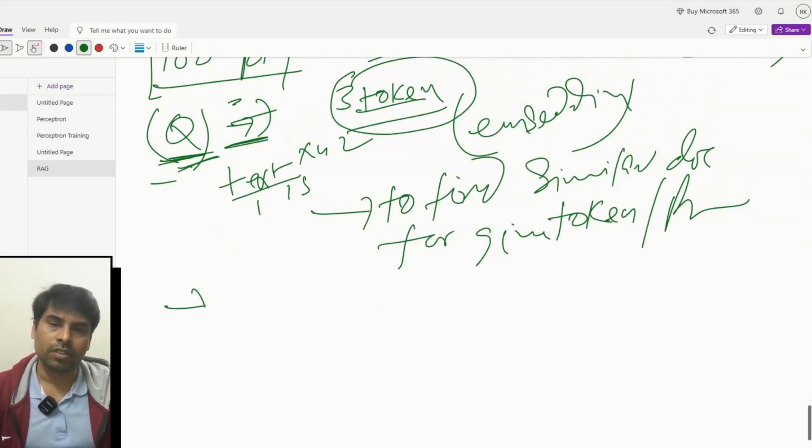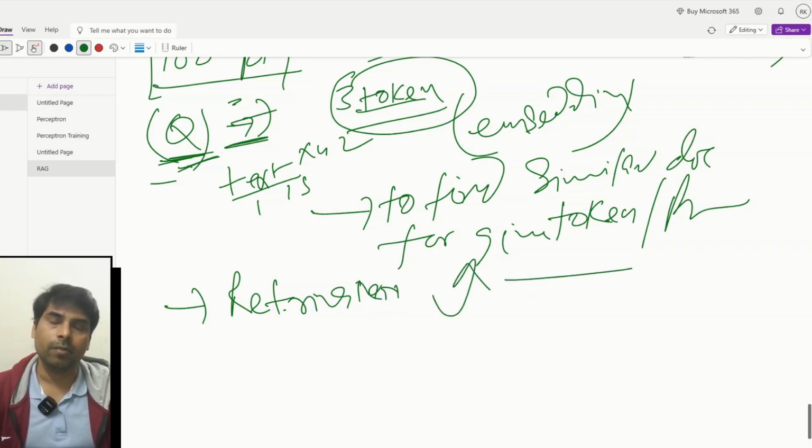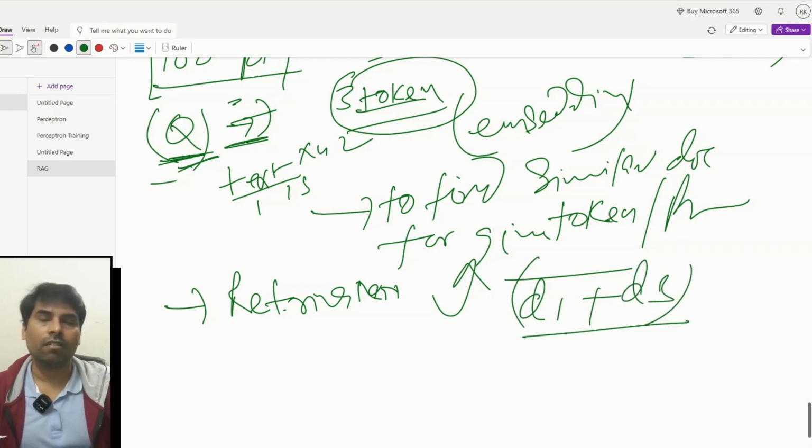In the retrieval process, the first process, we find the right documents for the given prompt. Let's suppose I found D1 plus D3. So this is my right document, which is sitting in the vector database. How it happens and what is the technology behind it, I will cover later. It's called similarity search.